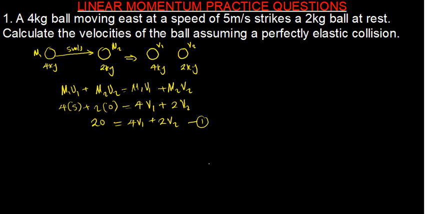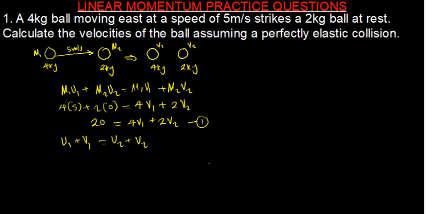Now this scenario is a perfectly elastic collision. Just by that, perfect elastic collision tells us kinetic energy is conserved. So the kinetic energy of the two balls before collision should be equal to the kinetic energies of the two balls after collision, and that simplifies to give us the equation u1 plus v1 is equal to u2 plus v2.